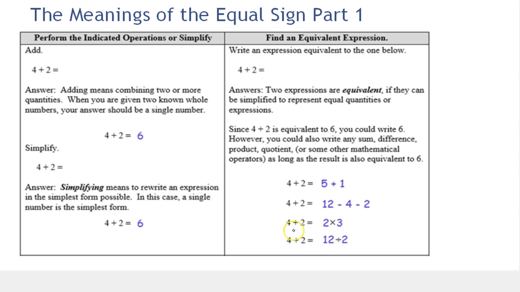So notice how this is more like the balance scale. You're not just finding an answer where you're computing what's to the left, you're finding an expression that's equivalent to the one on the right.